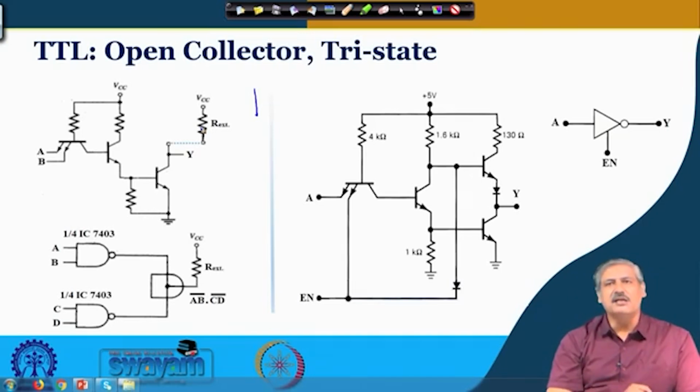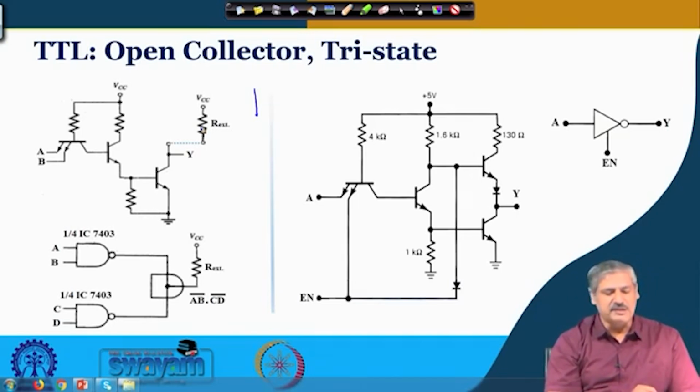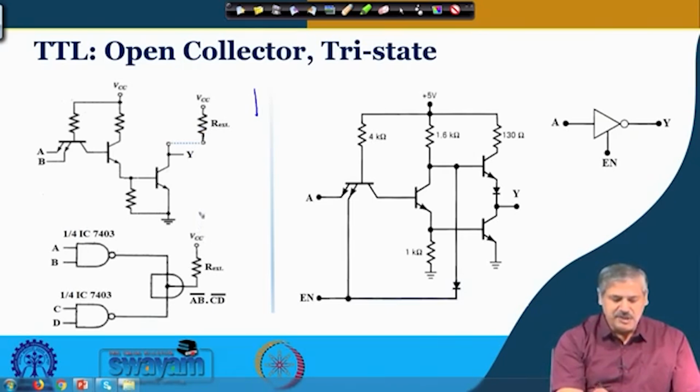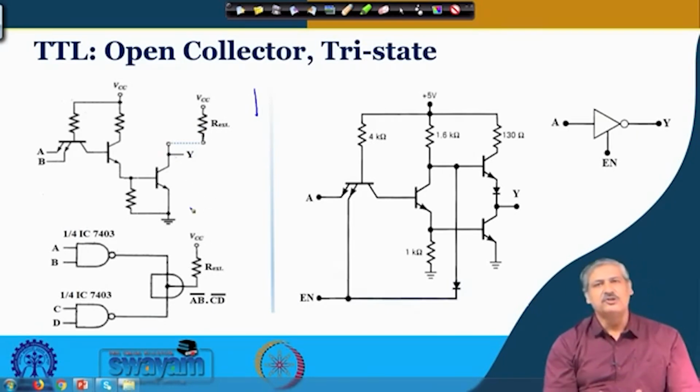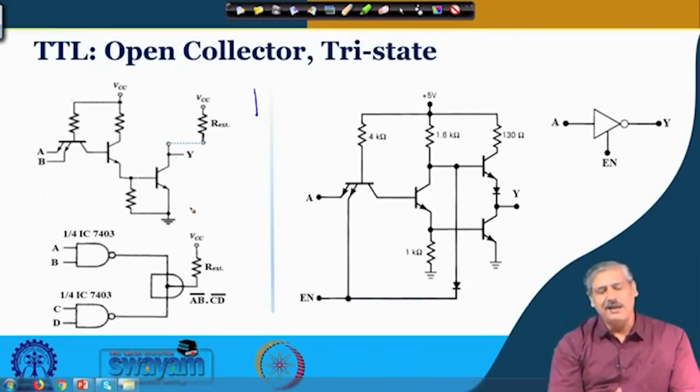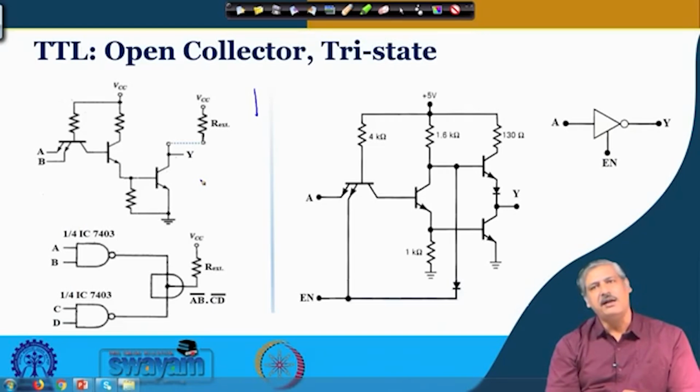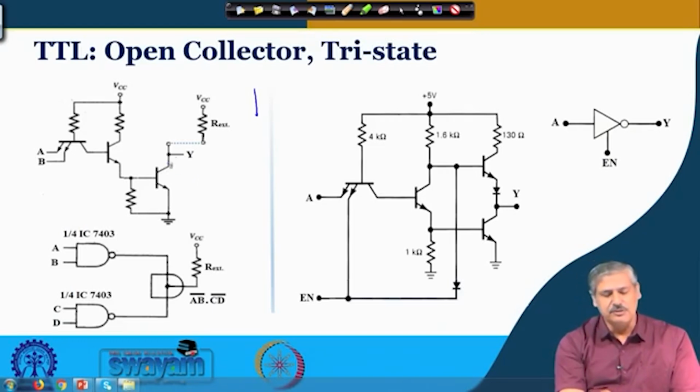The other aspect of this open collector configuration is that if you connect two such gates, say this is one gate and there is another gate, and you just connect these two outputs together, you will see that they give you a wired AND connection.